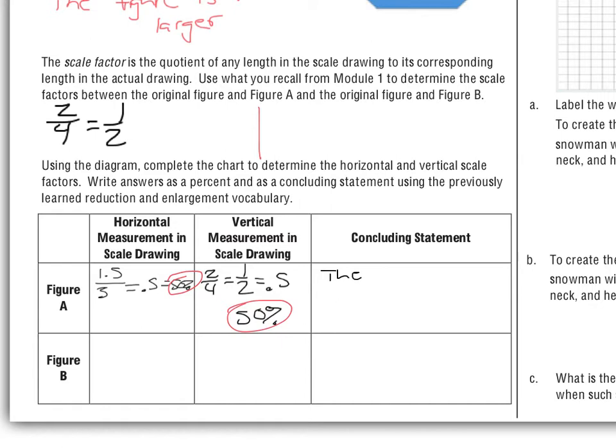The figure has been reduced, so figure A is 50% of the original.